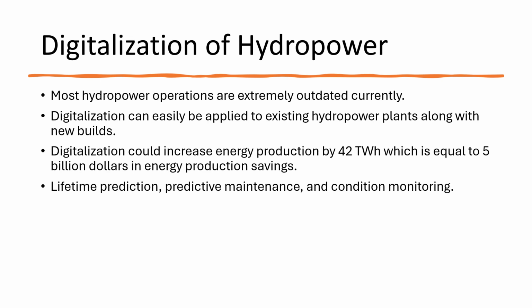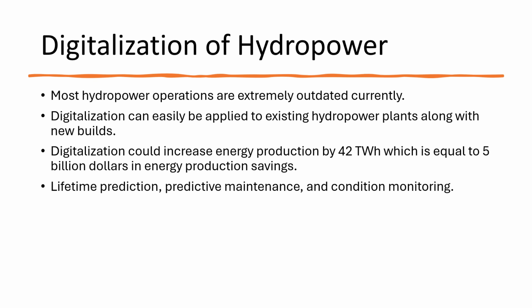The next thing here is the digitalization of hydropower. A lot of these dams and hydropower plants are extremely outdated, so the digitalization here can be applied just by simple upgrades and stuff like that. It's been proven that digitalization could increase energy production by 42 terawatt hours, which is equal to $5 billion in energy production savings.